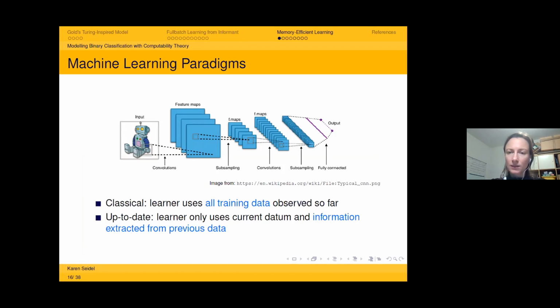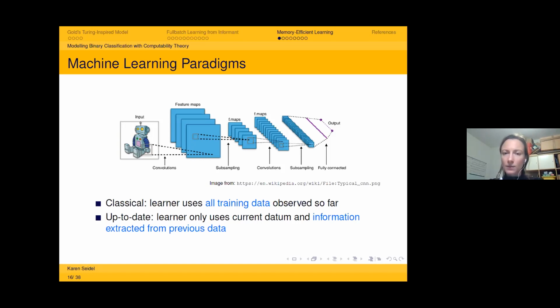What they do is they see the data, they observe the data, but each time, or in a mini batch format, after a certain amount of data, they update the weights. So for example, by a stochastic gradient descent, but these are details that we are not concerned with here. There's very important research on that too.